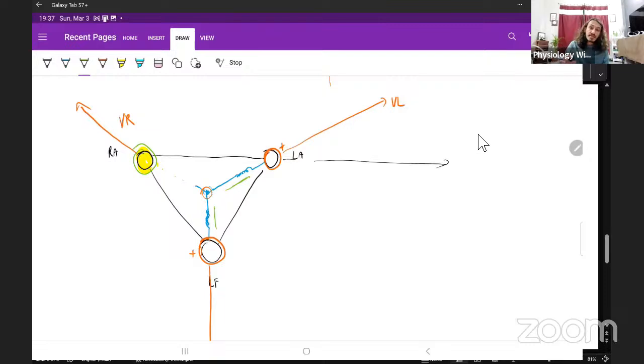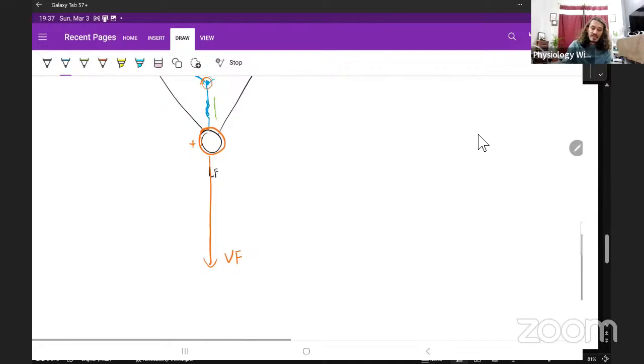This sort of setup is what gives aVR, or augmented unipolar limb leads. Same thing if you do over here. You're going to remove this and put it like this; this is going to be aVL, and another one is aVF.